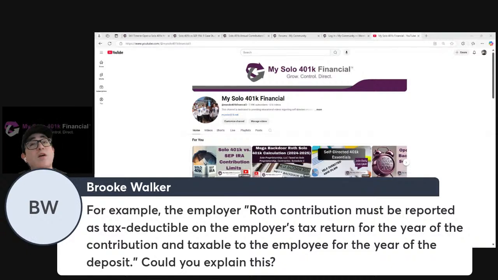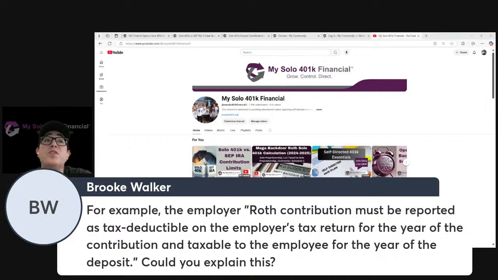Well, there's been a big shift in the legislation towards Rothification, to a lot of things that will encourage Roth contributions, where the money is deposited on an after-tax basis, but you have that potential for tax-free growth. So under the Secure Act 2.0, employer contributions can now be made as Roth contributions.